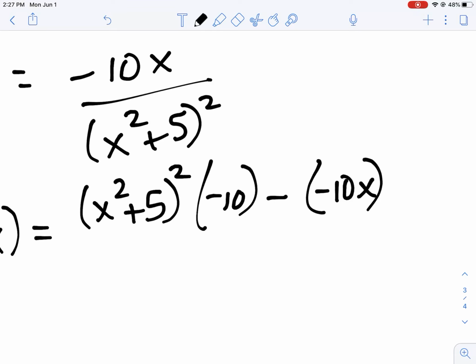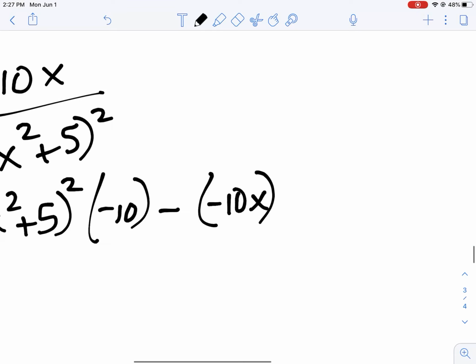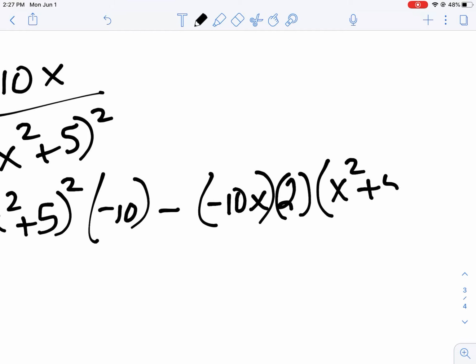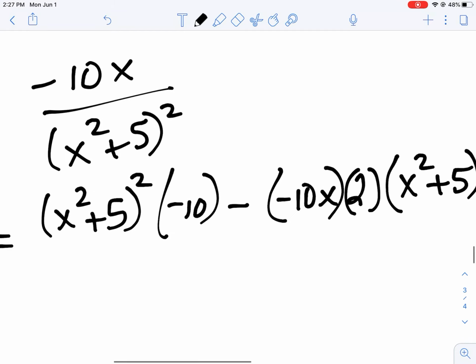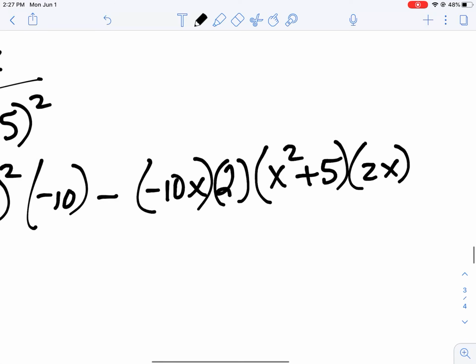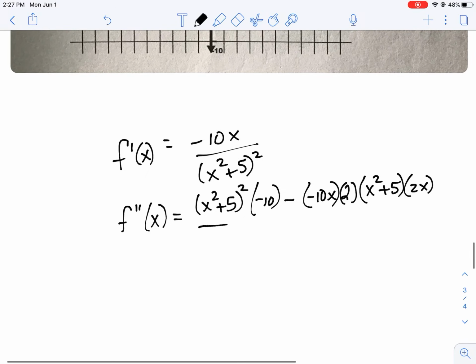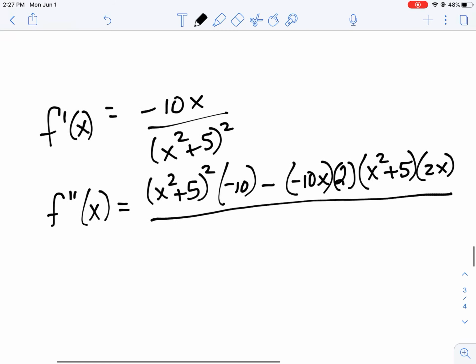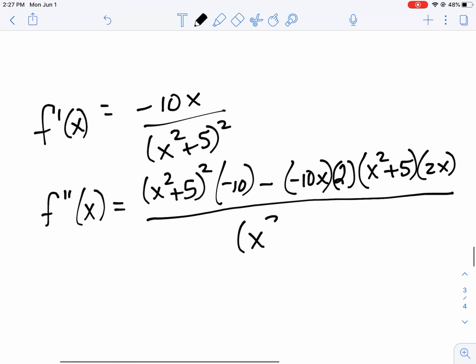The derivative of the bottom, because I have to use the chain rule, is 2 times x squared plus 5 to the 1 times 2x. And that's all over the bottom squared, so really it becomes x squared plus 5 to the 4th power.